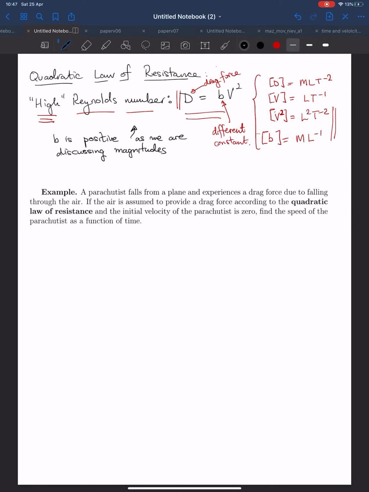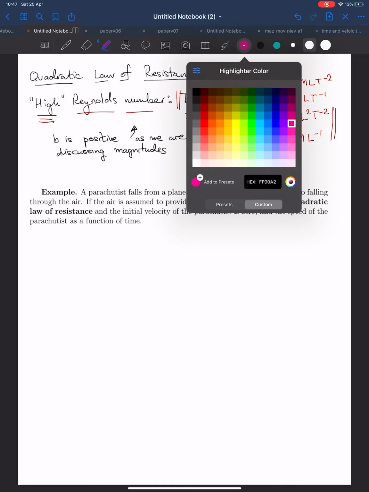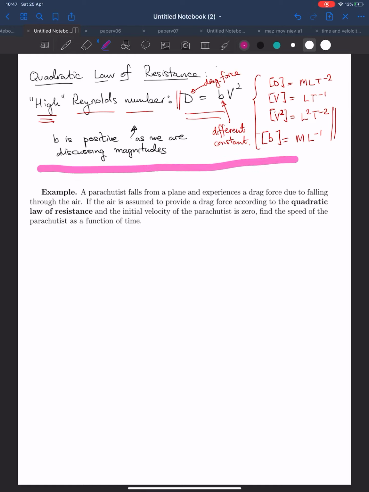Okay, so today what we'll get to grips with is using the quadratic law of resistance for drag forces. So you can see I put this at the top here. I'll underline this. This is what we looked at in previous lectures.